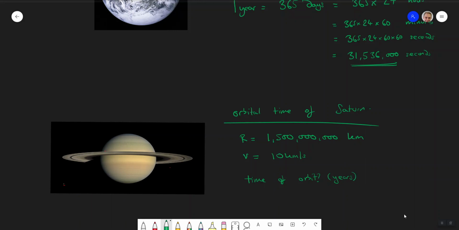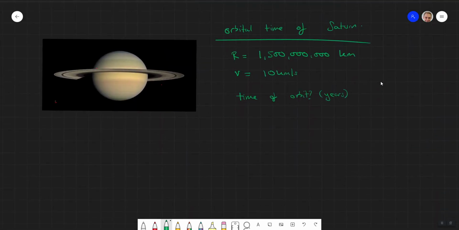Okay. So let's look at our equation. Speed is equal to 2 times pi times r over t. So we can put our numbers in.